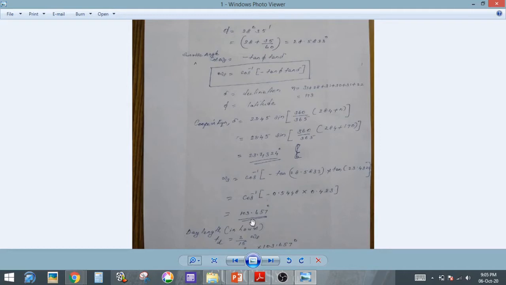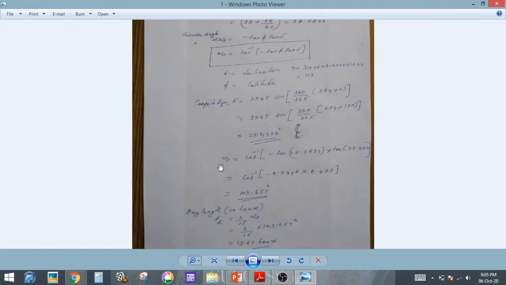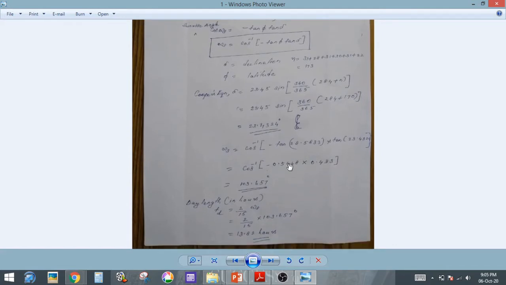We will get the answer 103.657 degrees. This is the value of omega s. The day length in hours Td is given by 2 by 15 omega s, and while substituting the values we will get the answer as 13.82 hours.